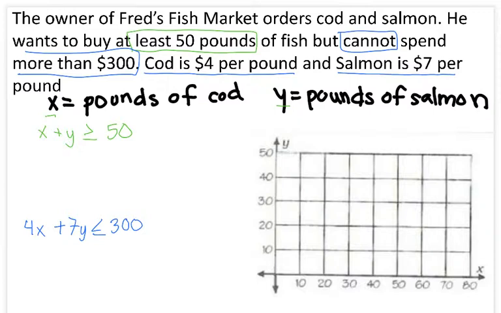So in our first one, in our green one, we're going to subtract x from both sides. We'll have y greater than or equal to negative x plus 50. This equation is in slope-intercept form. If we imagine that this is the equal sign, we can graph this like we've graphed other lines.